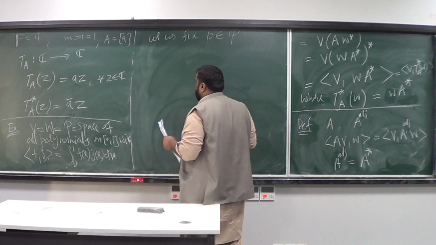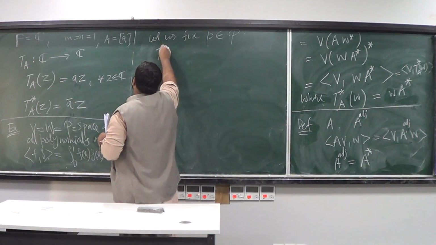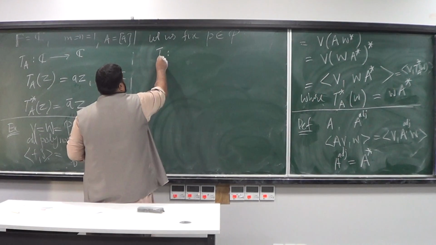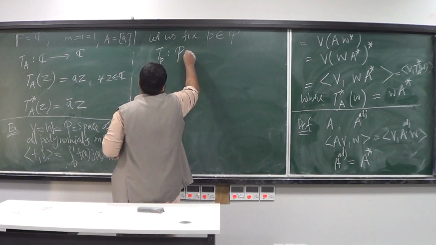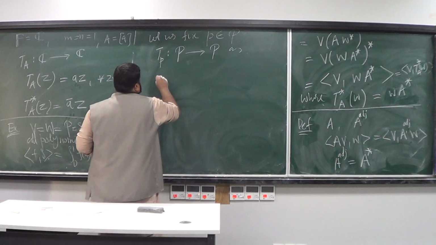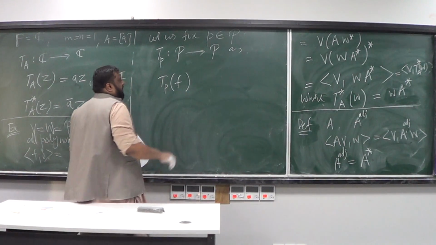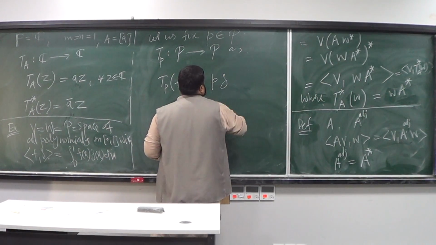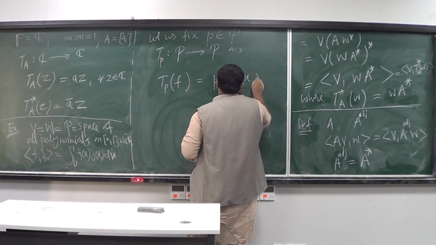So p is any degree polynomial, and corresponding to p, let me define T_p. I am defining it from the space of polynomials to the space of polynomials such that when T_p operates onto a polynomial f, what it gives is the product of the polynomials p and f. In other words, I'm getting p of x times f of x.